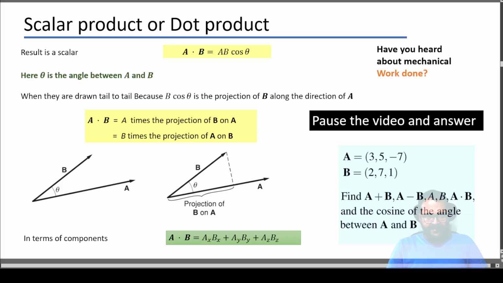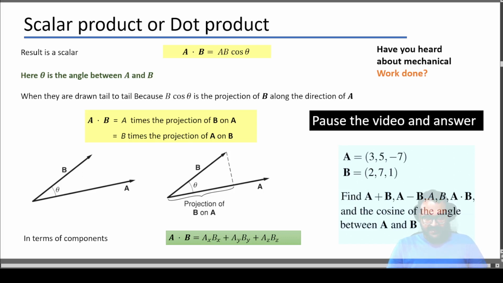So if a and b are two vectors, dot product means magnitude of a, magnitude of b multiplied by cos theta. I need to draw a and b from one single point. So we can say it like this: a times the projection of b on a, or b times the projection of a on b.